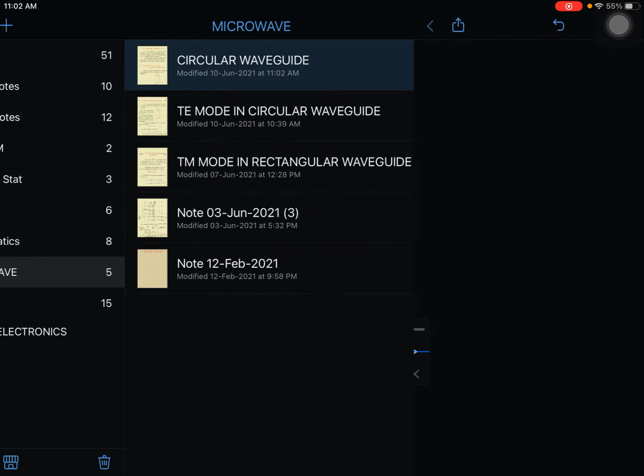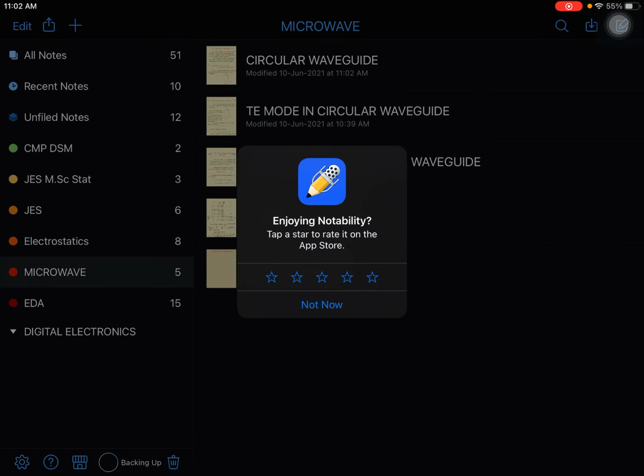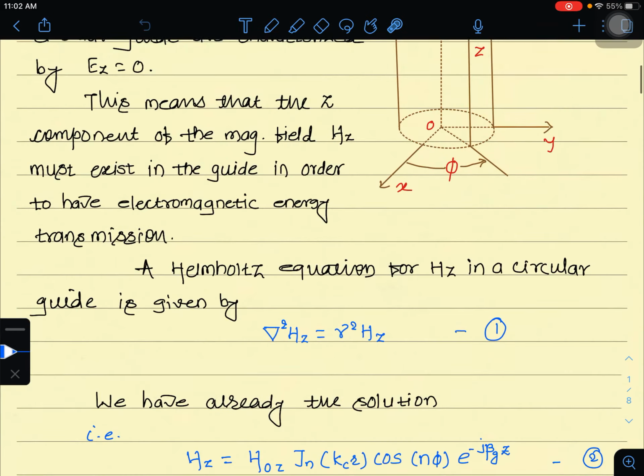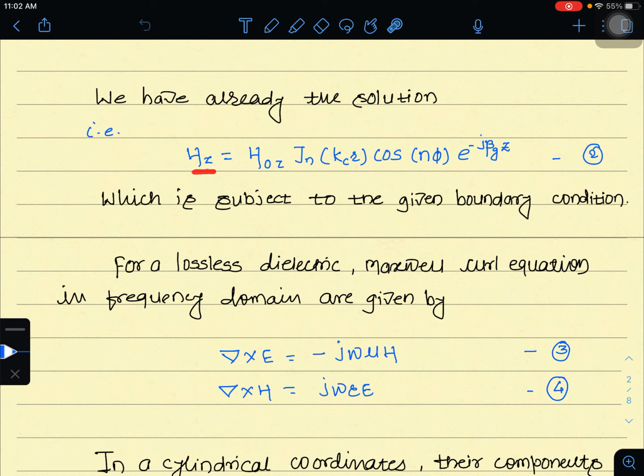That's why psi is replaced by Hz, and psi 0 is replaced by H0z, and the other terms are the same.